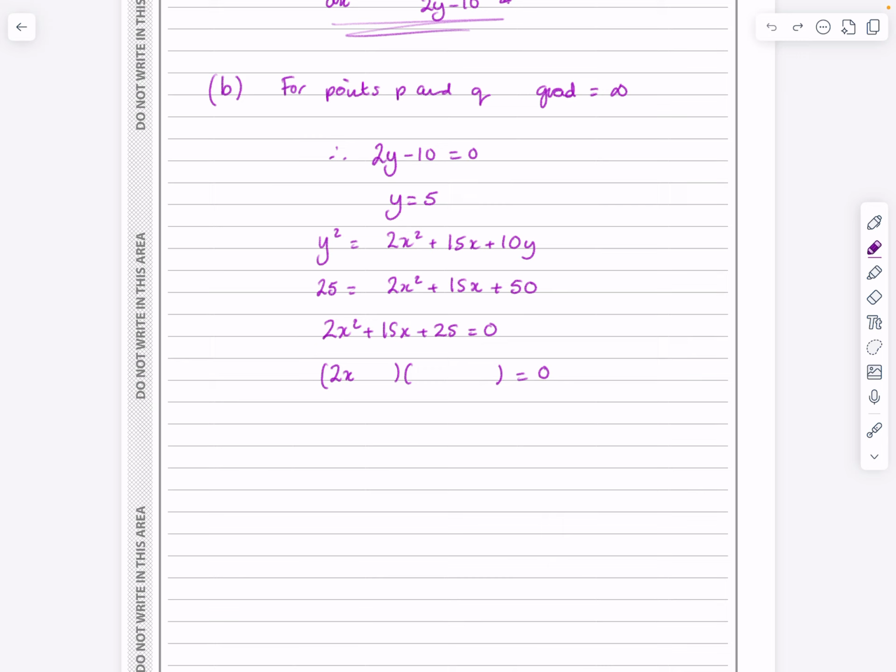There's videos on the channel that show you how to do that. I'm not going to take any time over that. We haven't got time in the video here. This factorizes out to 2x plus 5, x plus 5. So this is going to give me x equals minus 5 over 2 from that one, or x equals minus 5 from that one. Again, not taking too much time over that, given that this is a P4 question.